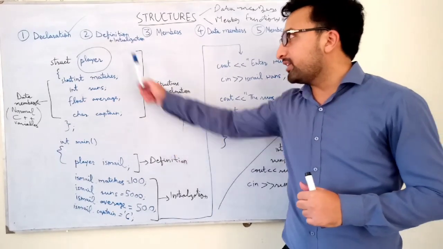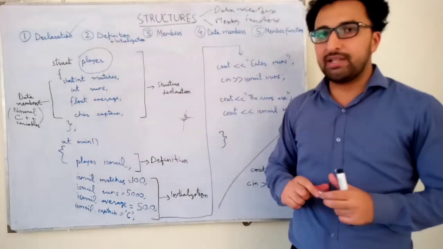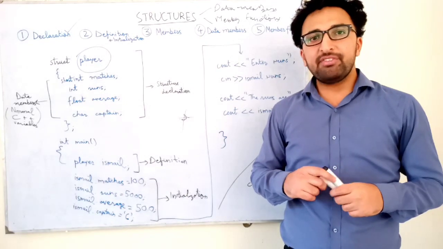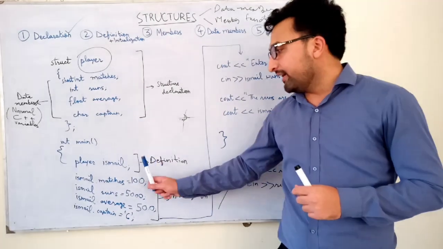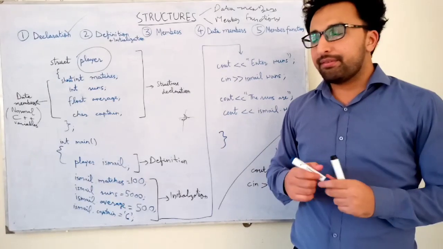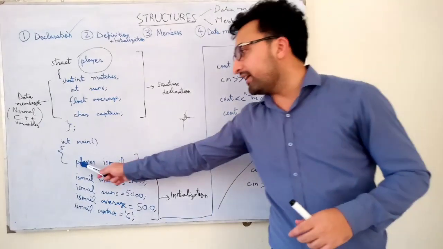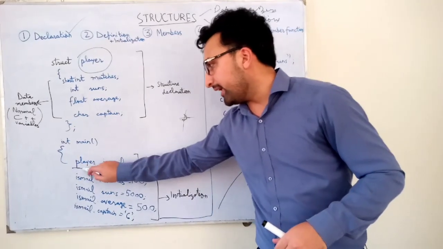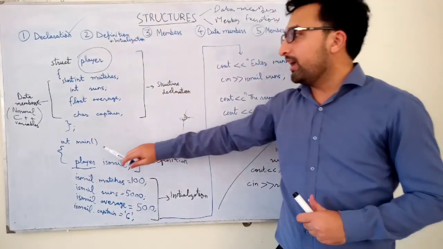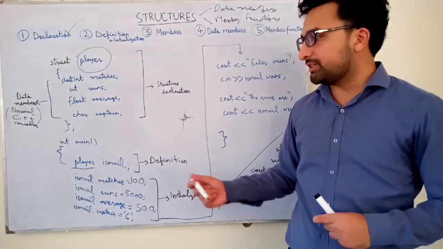Now after declaration comes the definition and initialization. Definition is just like the definition of a variable. However, here the primitive data type does not come. Here the user defined data type comes, that is basically the name of a structure.